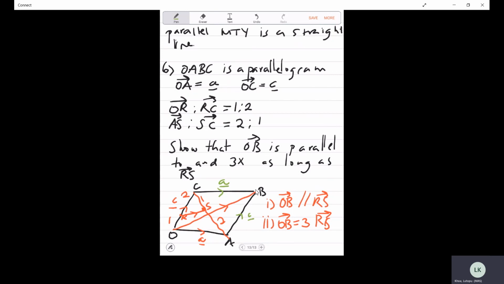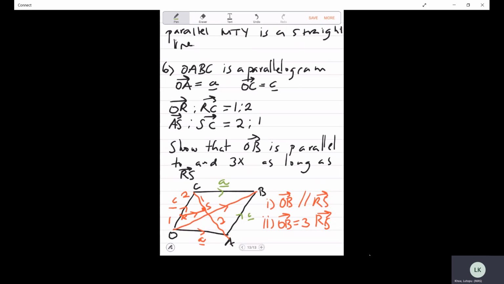Okay, so what we want is to work out OB and then also work out RS and then show that one is a scalar multiple of the other, and that scalar is in fact equal to 3.